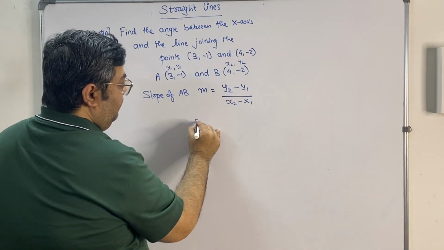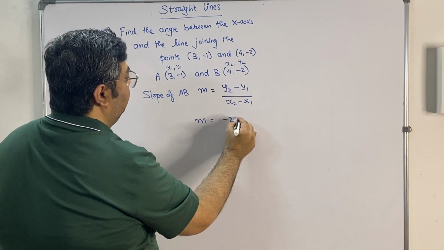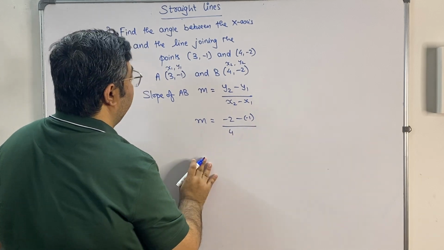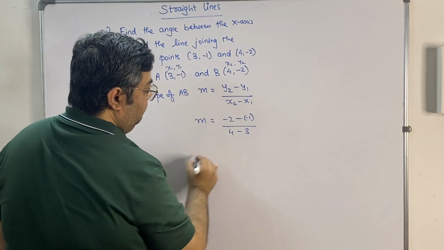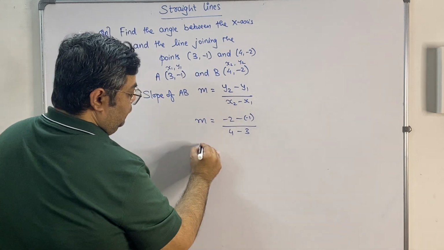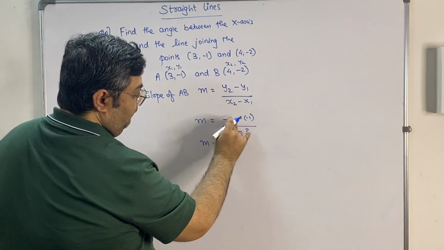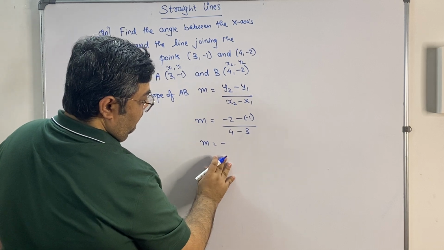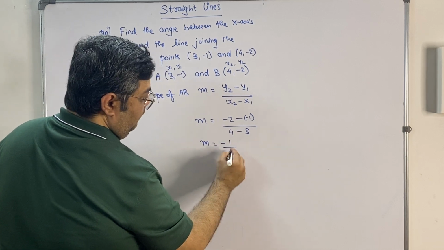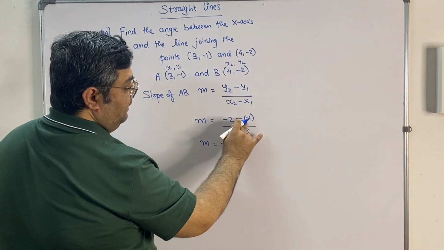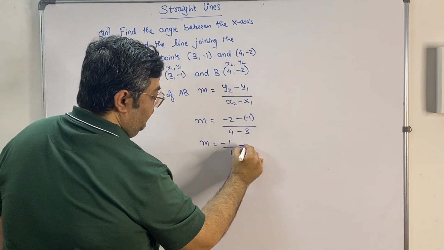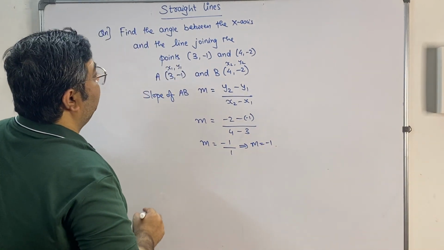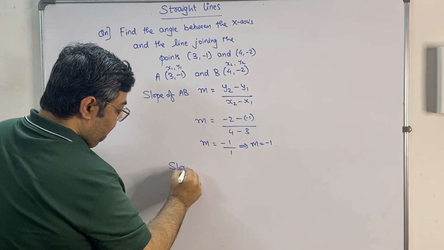So m is minus 2 minus of minus 1 over 4 minus 3. Minus 2 plus 1 is minus 1, over 1. So m is minus 1. So the slope of the given line is minus 1.